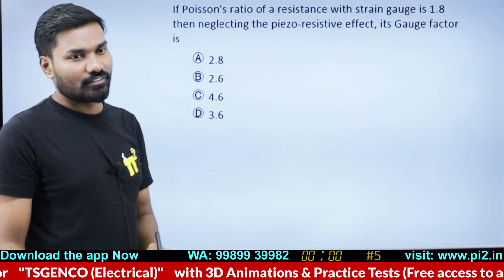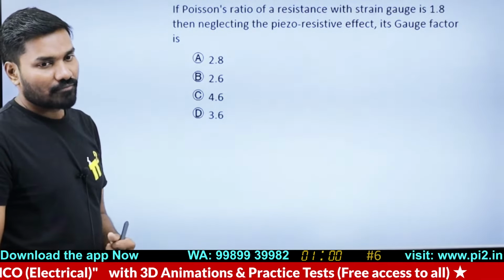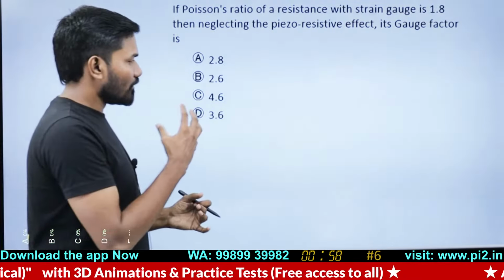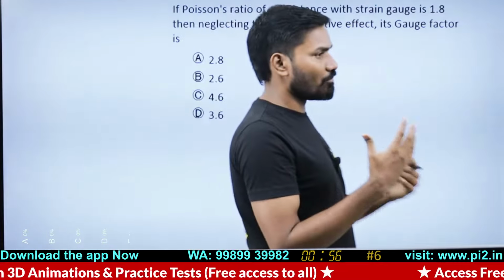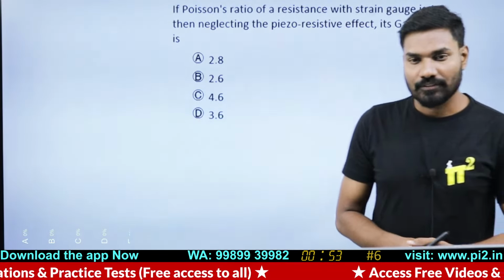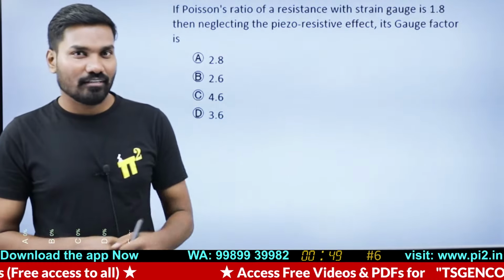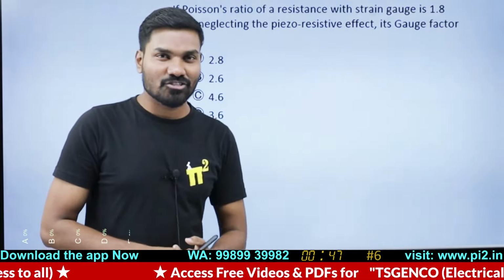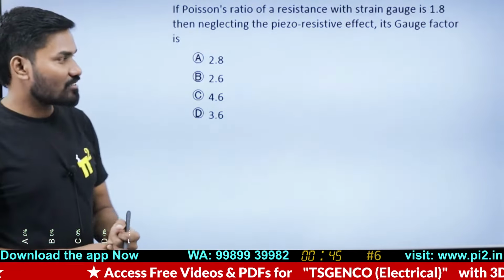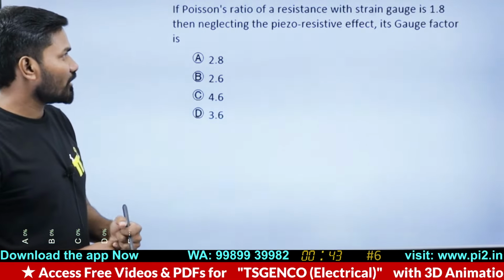Look at this question. These are all previous year questions in some or the other exams. This is a question in TSGENCO in 2015, Telangana State Southern Power Distribution Company.